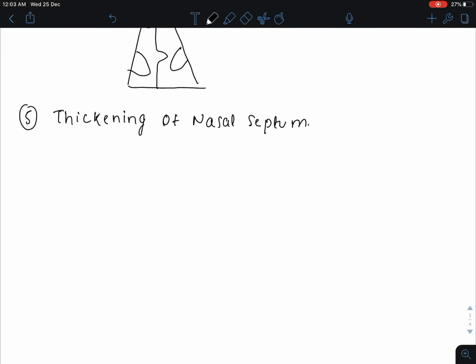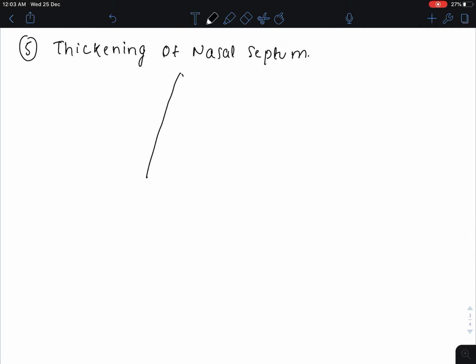The nasal septum is thickened or swollen. The nasal septum may be swollen due to organized hematoma or overriding of the dislocated septal fragments.